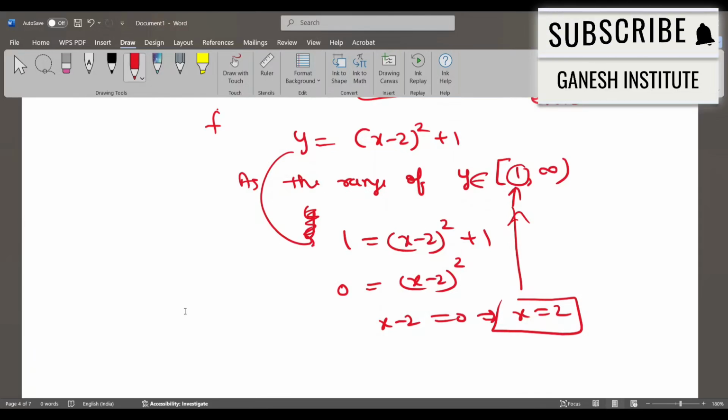What is the next doubt? Question number 3, I see how you do it, but just to clear any confusion. Okay. Question number 3.